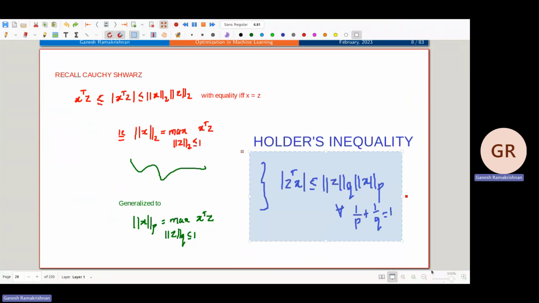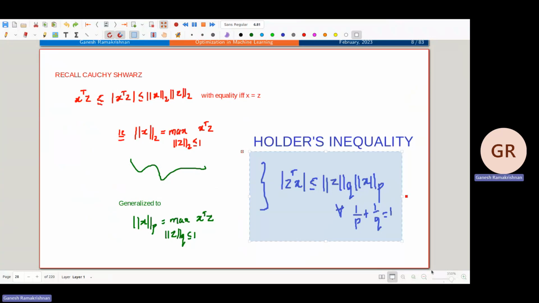And this is again giving me the p norm of x as the max over all z with q norm less than or equal to 1 of z transpose x. This generalization is called Holder's inequality.